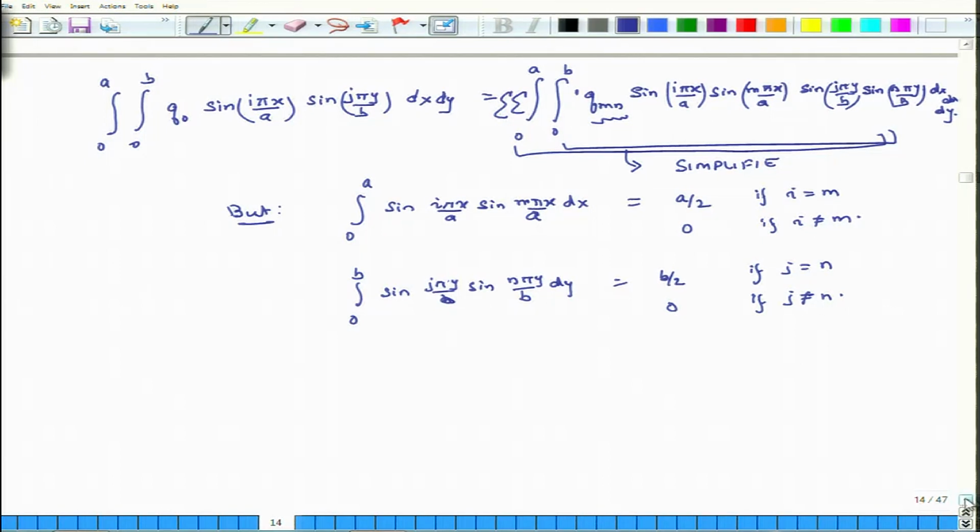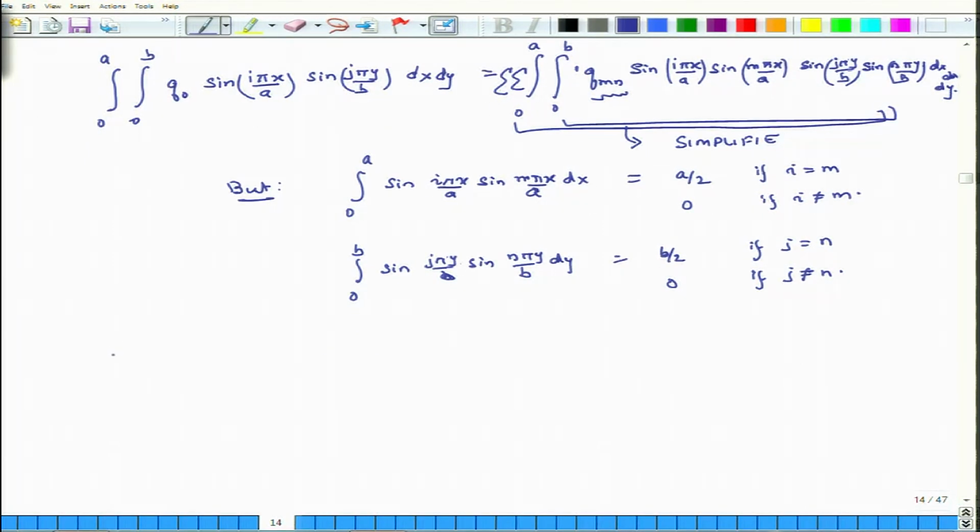So I will rewrite this integral: the double integral from 0 to b and 0 to a of q naught sine i pi x over a sine j pi y over b dx dy equals, and the integral of sine i pi and sine m pi will be a over 2 only when i is equal to m.